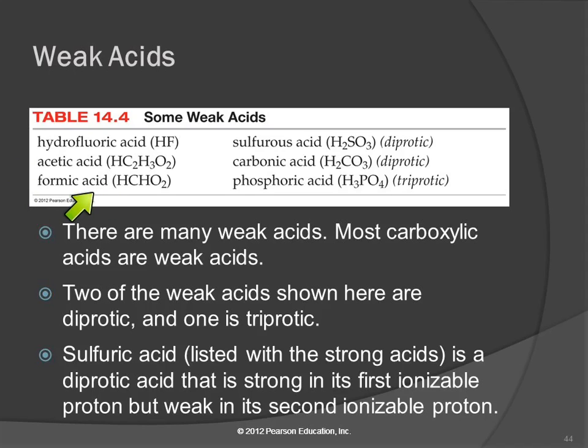That's what ants, those nasty California fire ants, inject into your skin when they bite you. That's why it stings so bad. They're putting formic acid in your skin. Sulfurous, carbonic, phosphoric. The way we usually think of this is we learn or make a note of the strong acids, and anything that's not on the list is a weak acid. So these are just some examples.